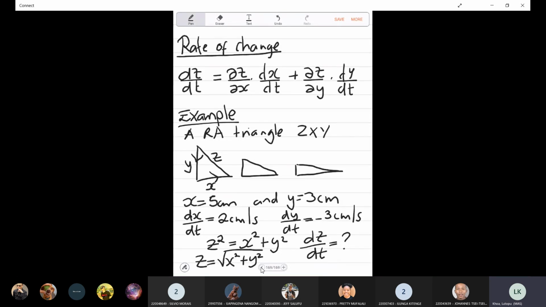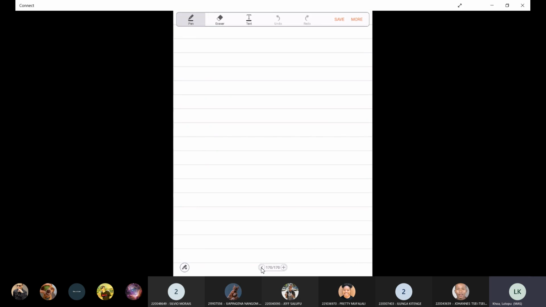Okay, and then we can work out the total derivative like we did in the previous section. So dz dt is the partial of z with respect to x multiplied by dx dt plus the partial of z with respect to y multiplied by dy dt.